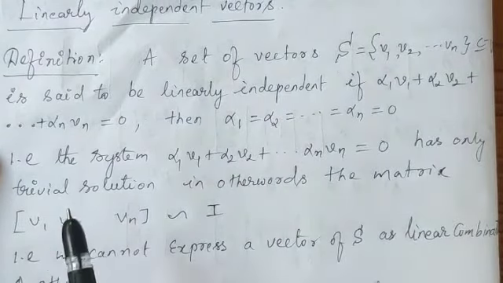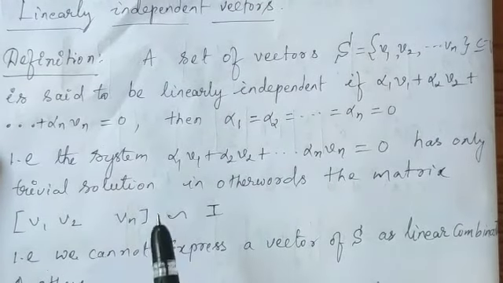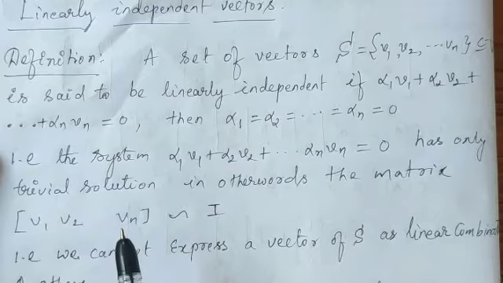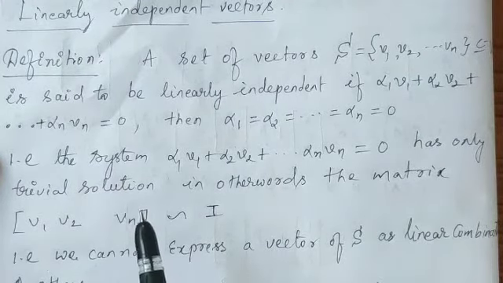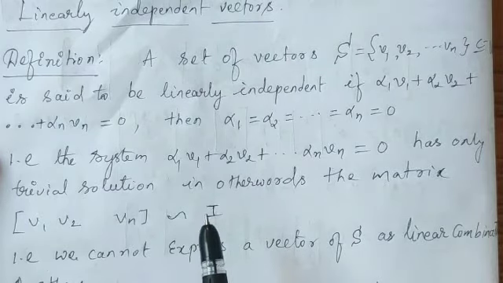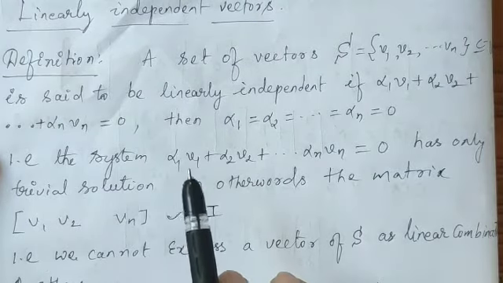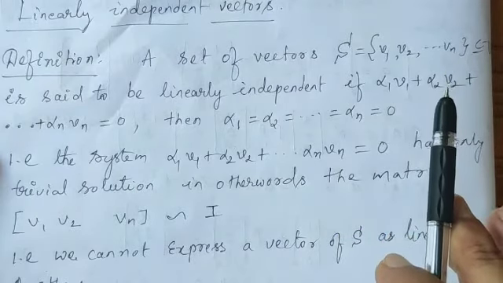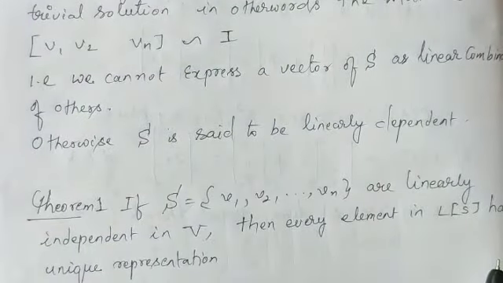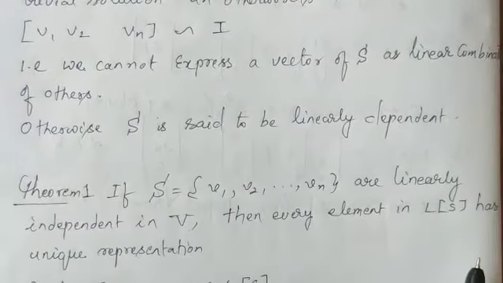In other words, if you take the matrix of the columns v1, v2, etc. vn, and you reduce it to echelon form, or reduce it to the identity matrix, then the collection v1, v2, etc. vn is linearly independent. Otherwise the set is called linearly dependent.